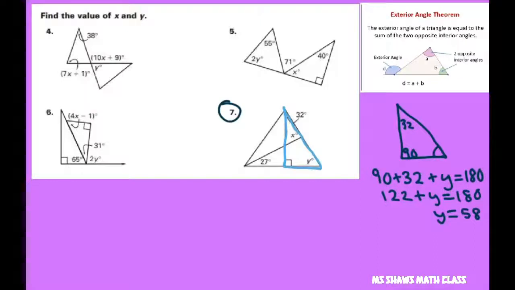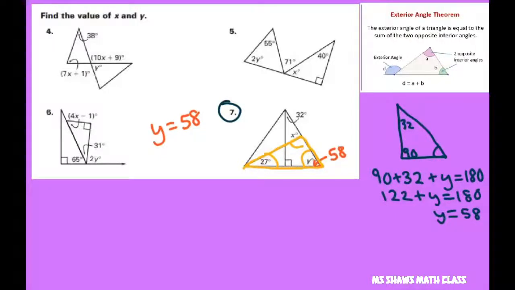All right, so we did that part. We have 58 for y. y equals 58. Now we have to find x. Since I have this triangle here and I have two angles, I'm going to add those two up and see what I get.